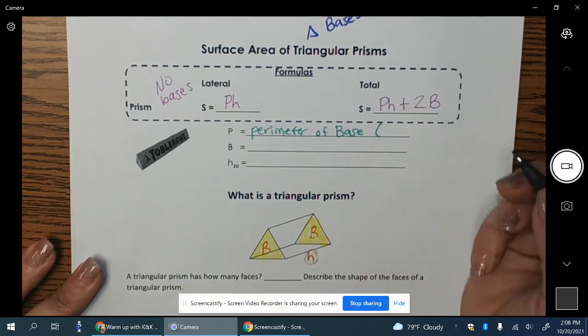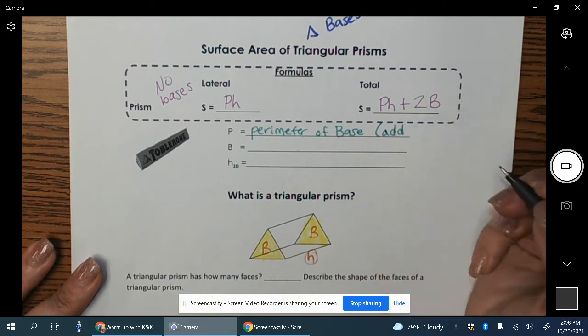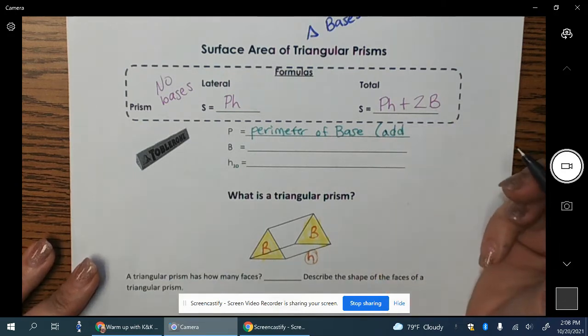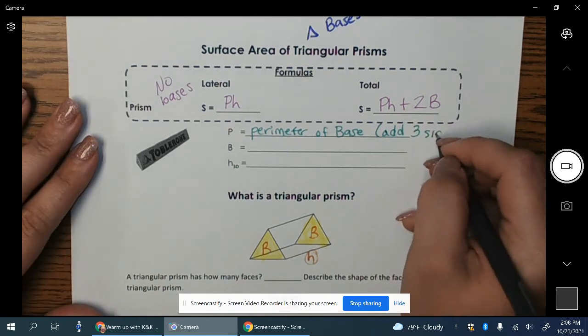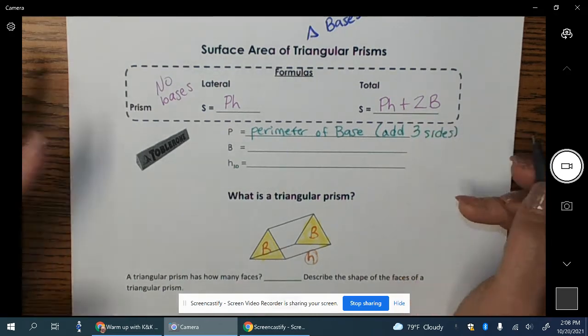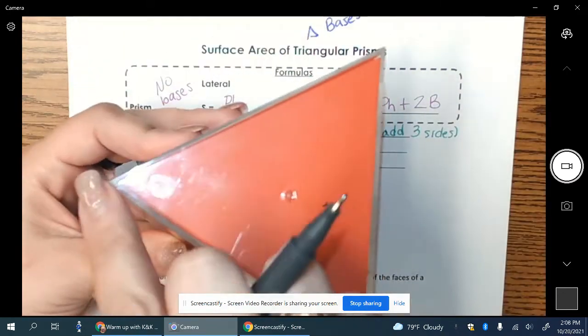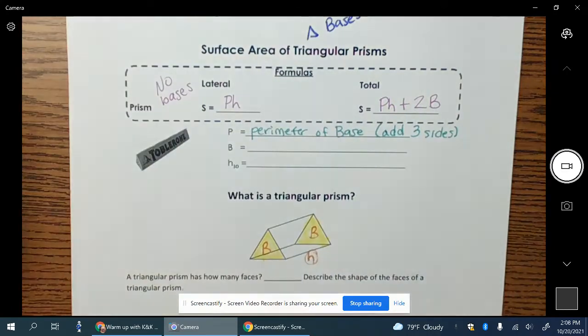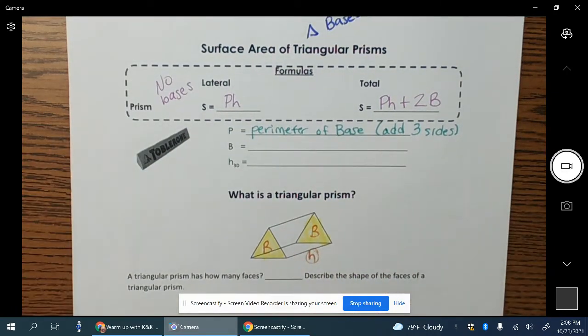Triangle. And how many sides are there? There's 3. I heard 1 and I heard 2. There's 3 sides on a triangle. Okay? The perimeter of the base, you're adding the 3 sides.